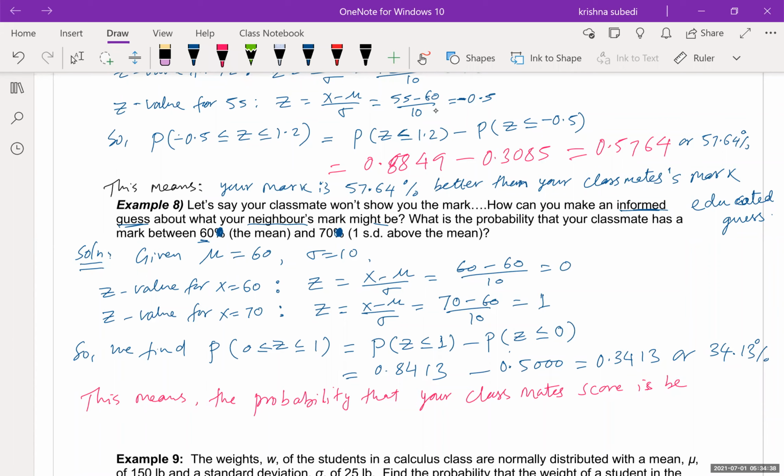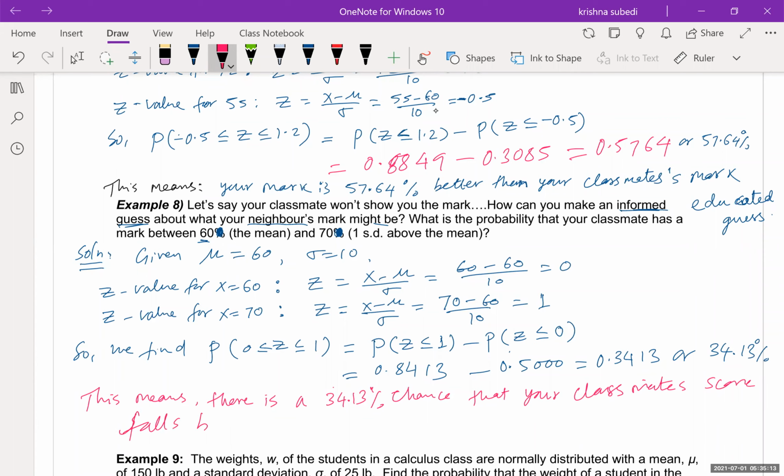This means there is a 34.13% chance that your classmate's score lies or falls between 60 and 70.